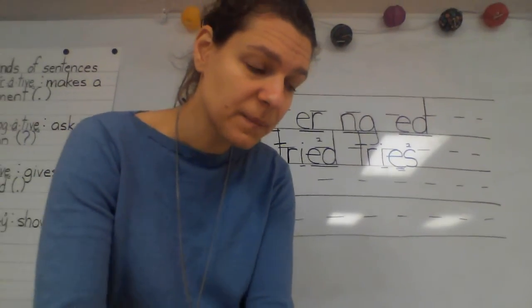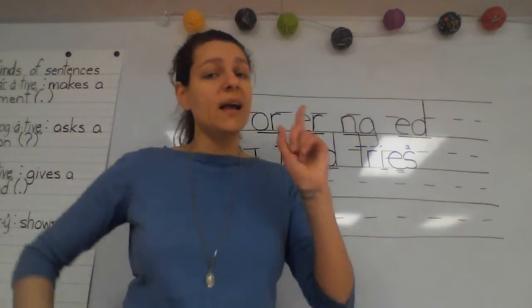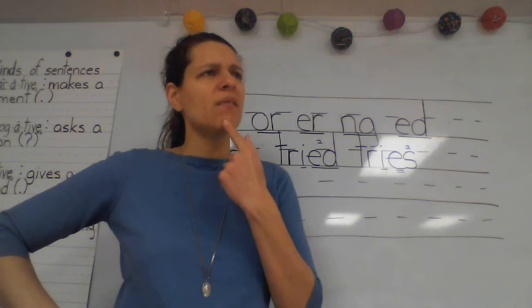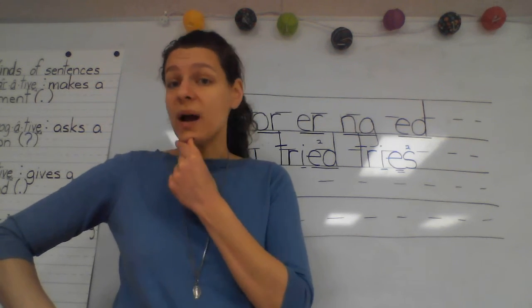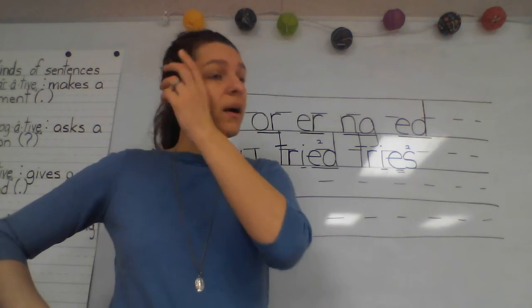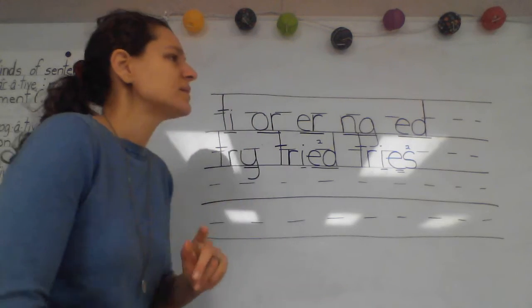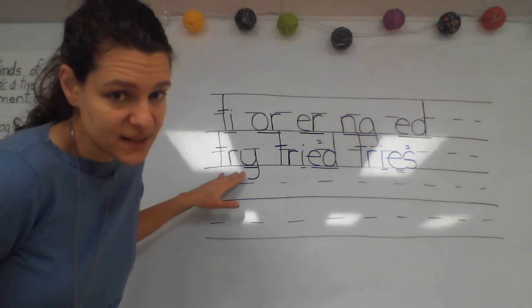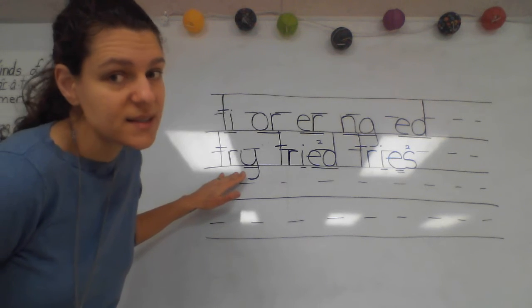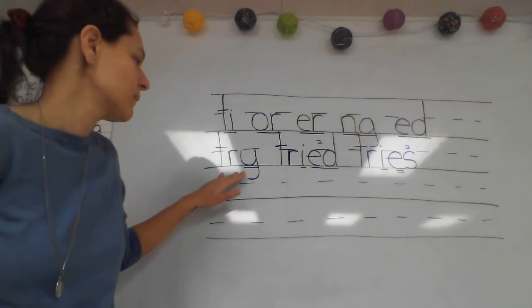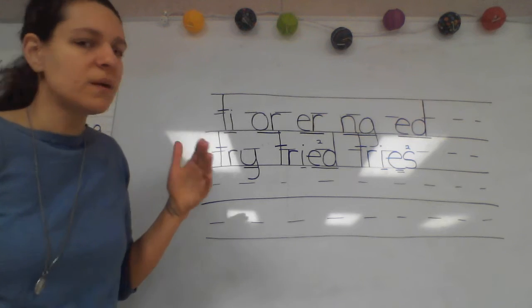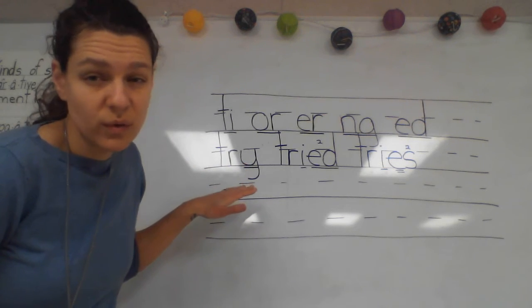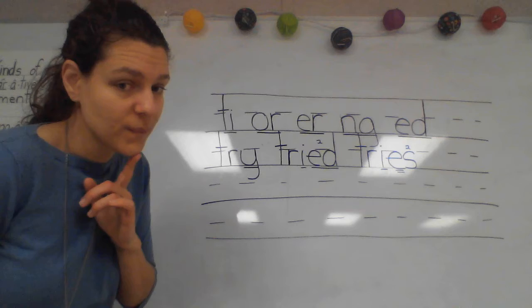All right. Our next word is trying. Class, what's the word? Trying. Good. I am trying my hardest, even though I am tired. Trying. All right, class. So our Y exchange rule is when we add any suffix that does not start with I. Would we use our Y exchange rule for trying?